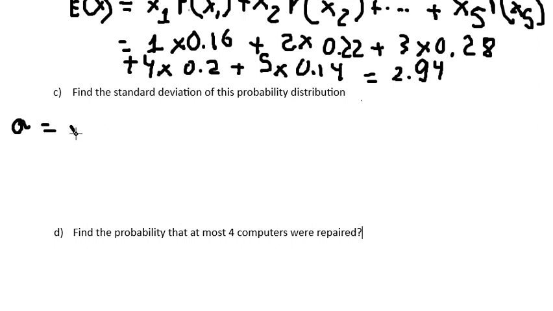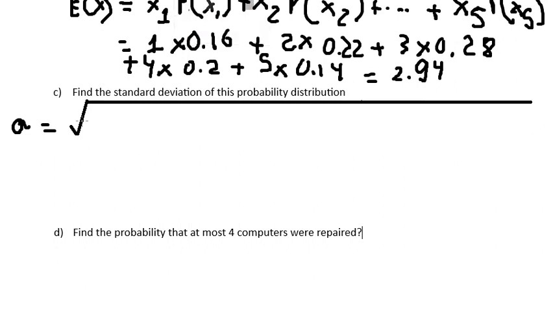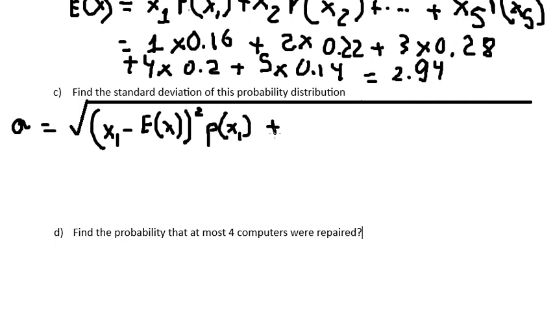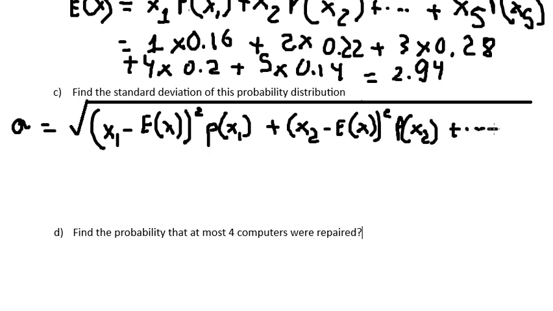So in this one we have the square root, and we have S number 1 minus the expected value to the power of 2, times P of S number 1, plus S number 2 minus the expected value to the power of 2 times P of S number 2, and so on until S number 5 minus the expected value to the power of 2 times P of S number 5.